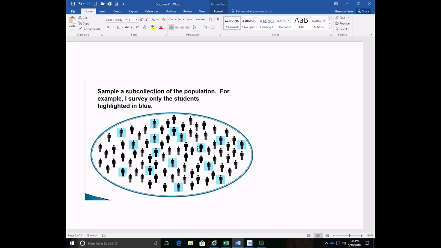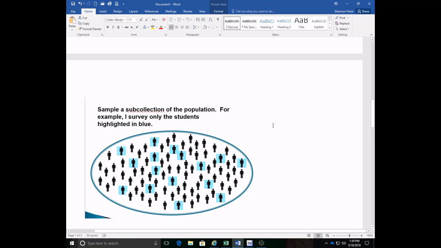Now be careful. If you strictly look at the definition, you would say that the subcollection might be all the females in the class or all the males in the class. In the truest form of the definition, that could be correct. But we want to make sure that our sample is representative of our population. So I wouldn't go and ask all the females or just ask all the males if I wanted to know what the entire class thought about the sports team.